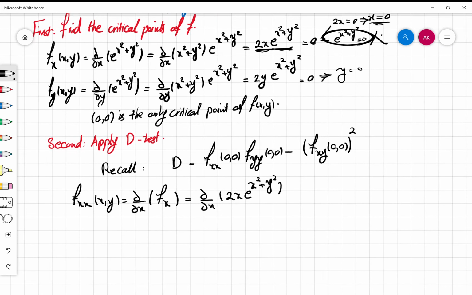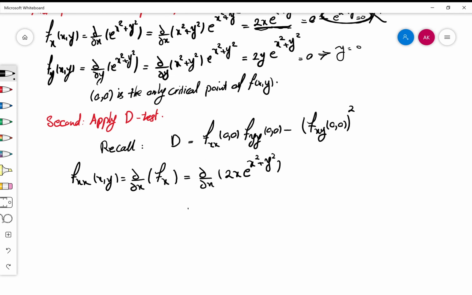Okay, let me just differentiate this guy here. Well, this is a product of two things, so we need to apply the product rule: the derivative of the first one times the second one plus the first one itself times the derivative of the second one.